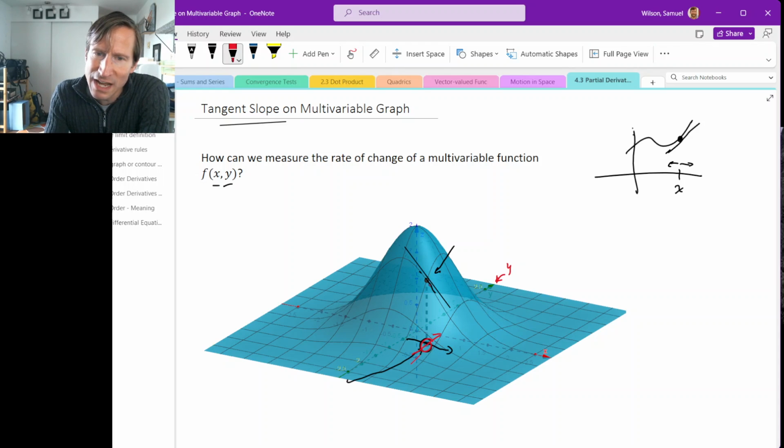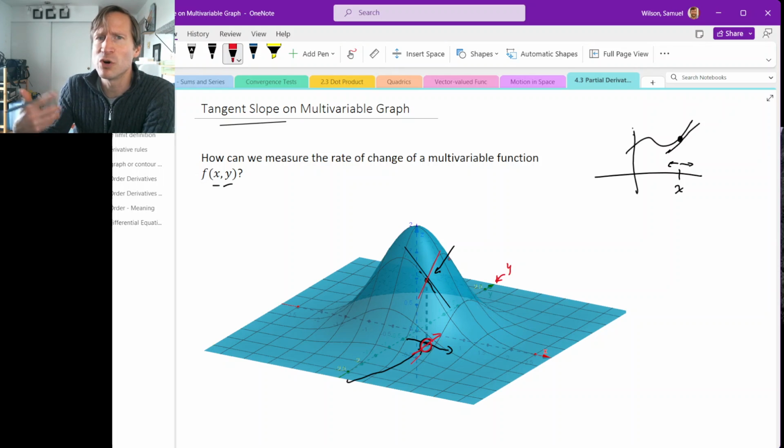And the motion that would cause on this point up on the graph is in this direction. Again, this tangent line that I've sketched is going mostly into the screen, and it looks like that's positive because it's going up as this point moves in the positive y direction. So it looks like there are at least two derivatives that we could think about taking, one in the x direction and one in the y direction.